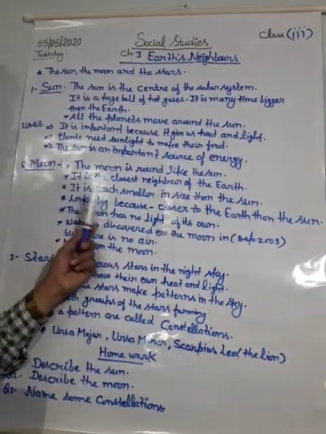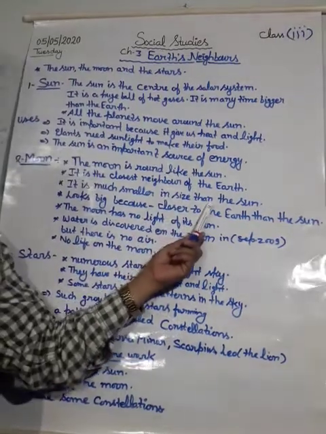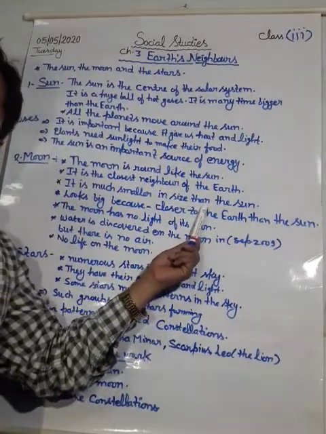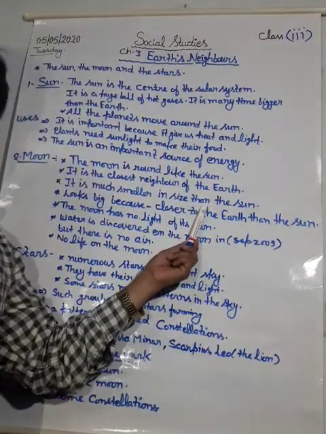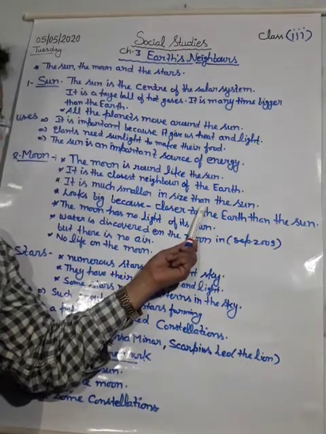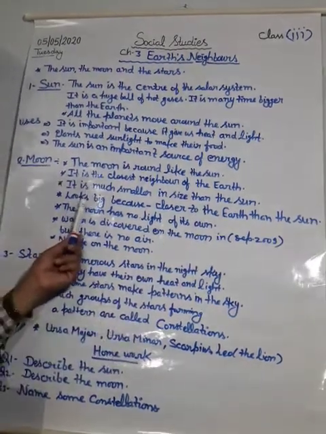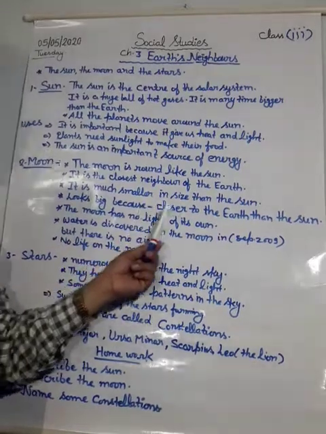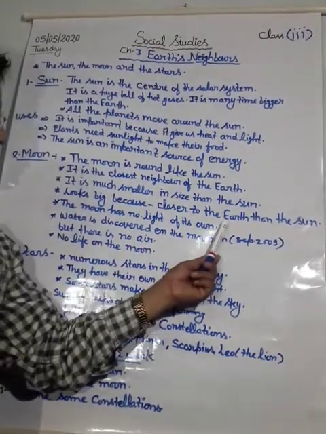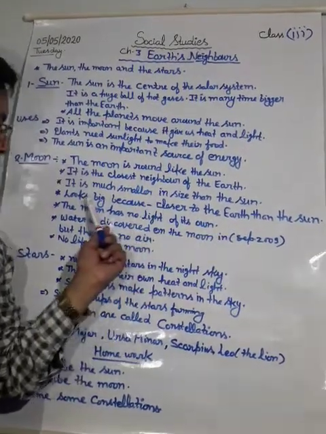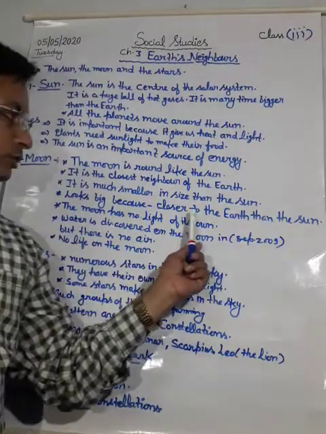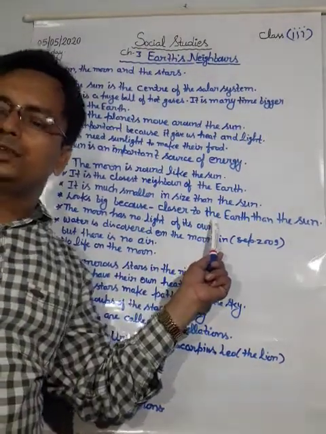It is much smaller in size than the sun. The moon looks big because it is closer to the earth.